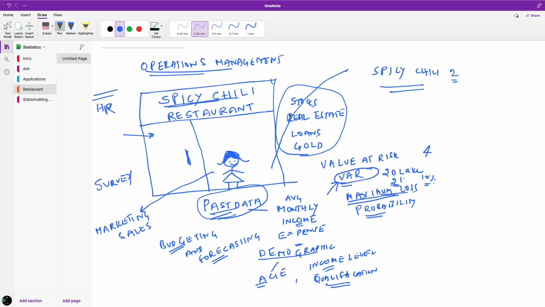Similarly, there is supply chain management. Now, every restaurant has a number of vendors.